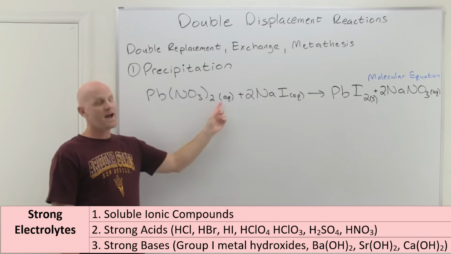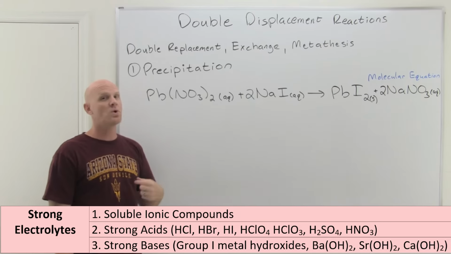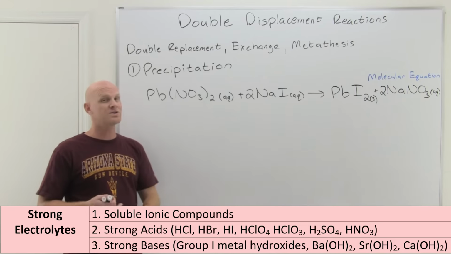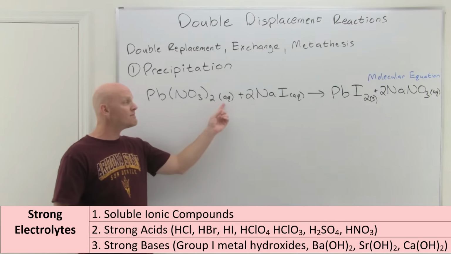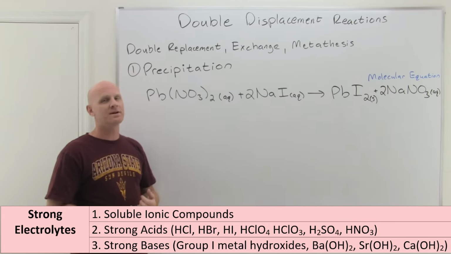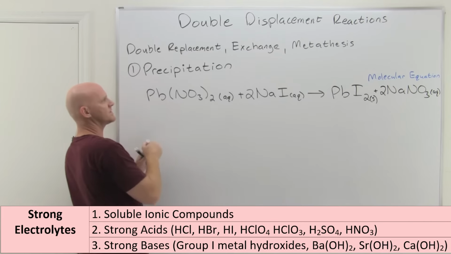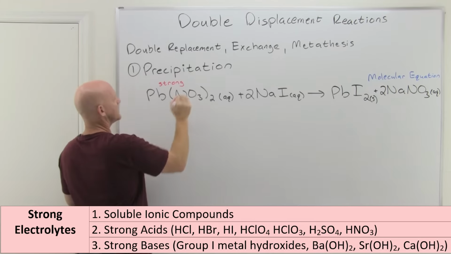But don't think that everything aqueous is going to be a strong electrolyte. It's got to be a soluble ionic compound or a strong acid or a strong base. You could have a weak acid or a weak base, which are still going to be aqueous, but are not going to be strong electrolytes. So be careful. Not everything that's aqueous ends up being a strong electrolyte, but it is going to be most things. But this one is aqueous and it is ionic, so that makes it a soluble ionic compound, so it's going to be a strong electrolyte.